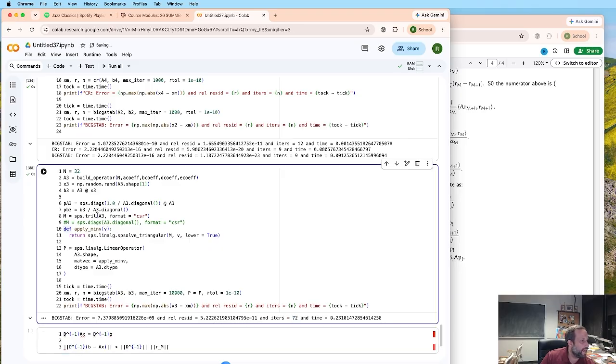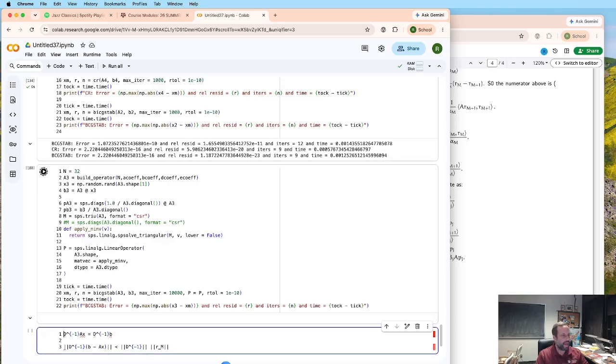But now notice what I can do. If I want to make M be the upper triangular part, I can come down here, lower equals false, and so now we'll get something like this as well. So I can solve if I want to use the upper triangular part as well. And I could use the tri-diagonal part or something if I wanted to.